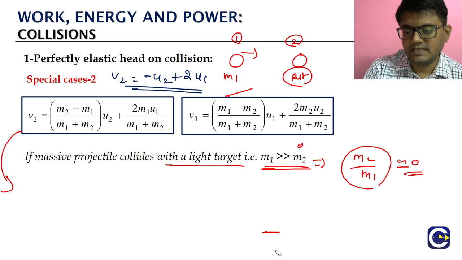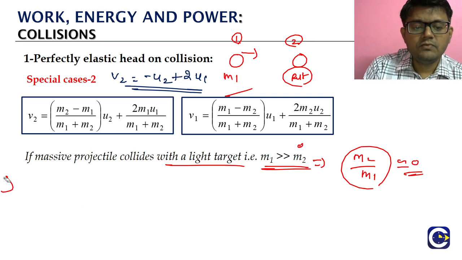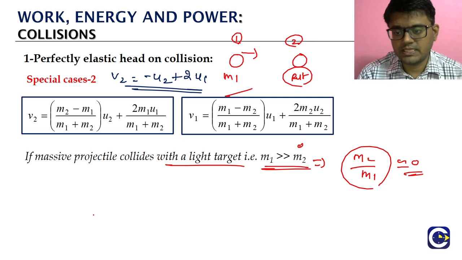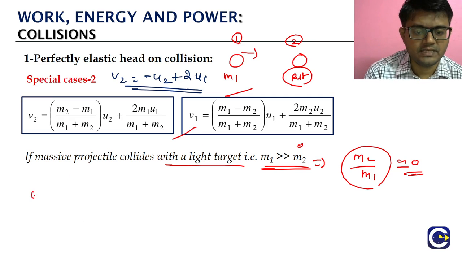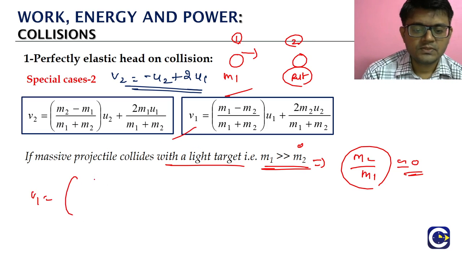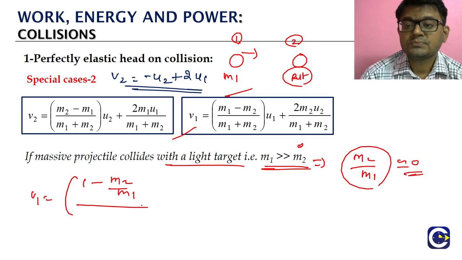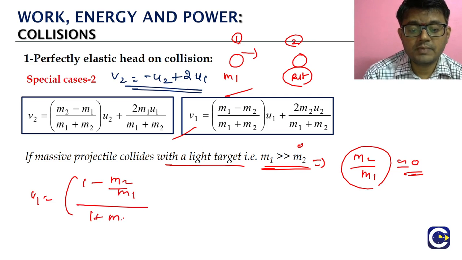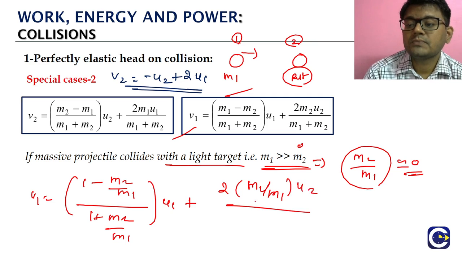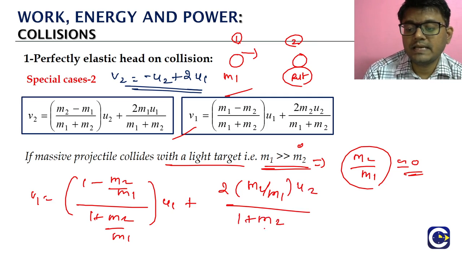Same as before. We take the V1 expression, and we have to bring in M2 by M1. We divide the numerator and denominator by M1. So we get 1 minus M2 by M1, divided by 1 plus M2 by M1, into U1, plus 2 times M2 by M1 into U2, divided by 1 plus M2 by M1.